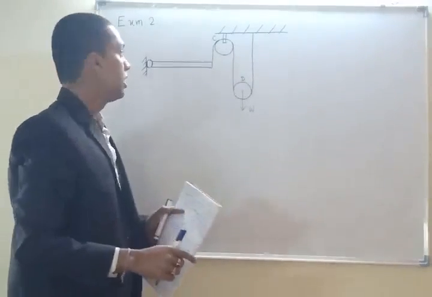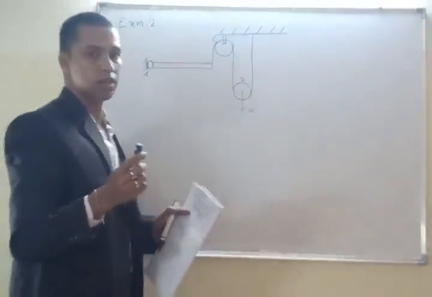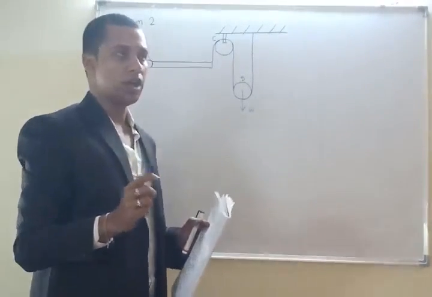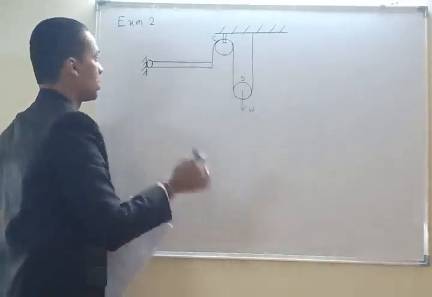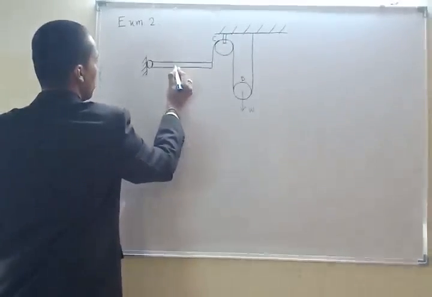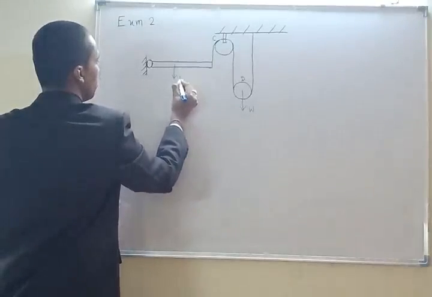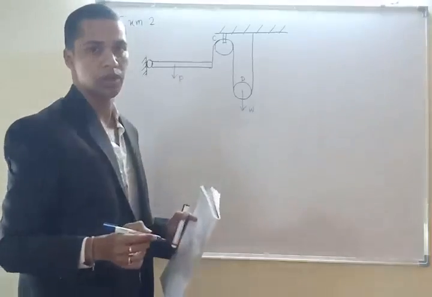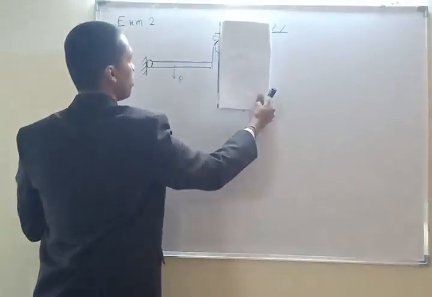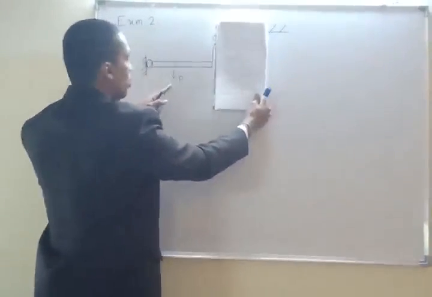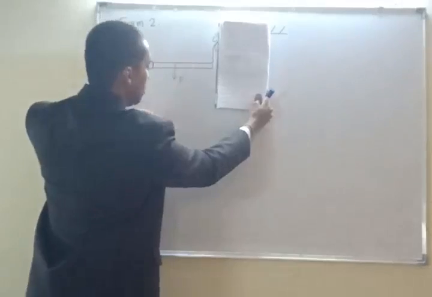Okay, but he has also said that we can give a load somewhere in the beam. Suppose a load like this, P, in the beam. Okay, if there is no pulley, there is nothing, this part is not there, then due to only load P, this beam will move down.